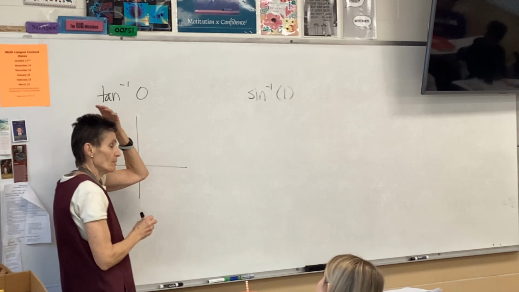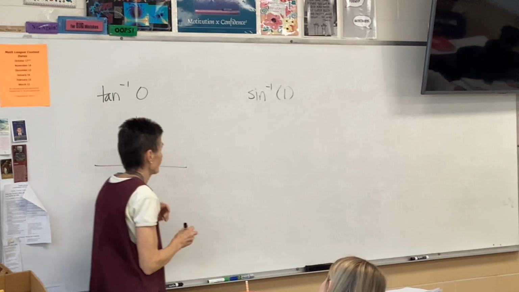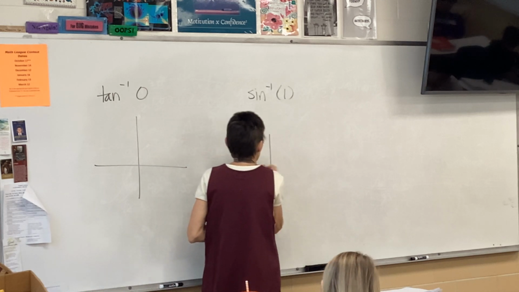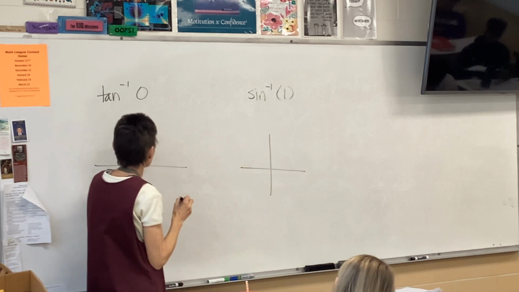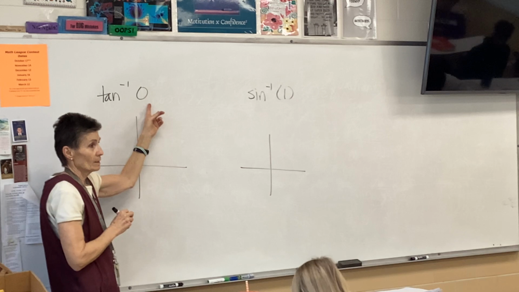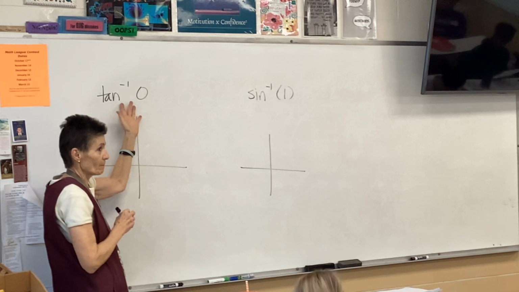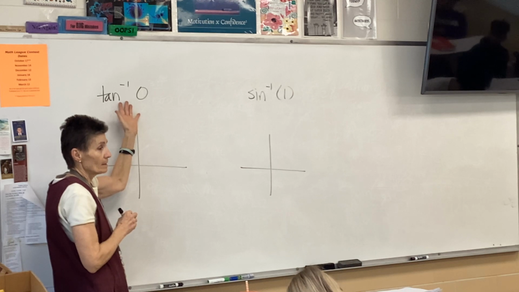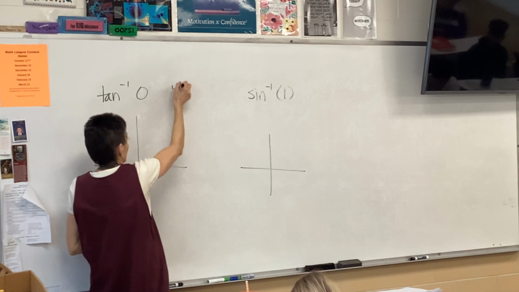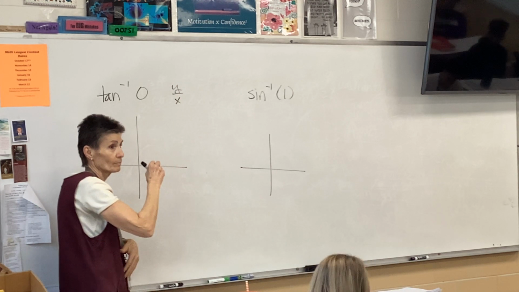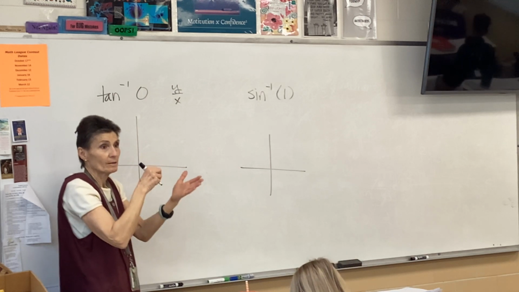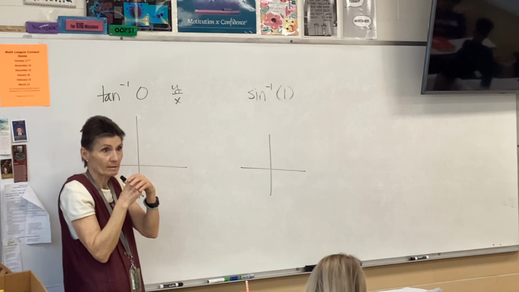Now, here's something new and exciting. Whenever a 0 is involved, I want you to think about this for a second. Tangent is y over x. Opposite over adjacent.